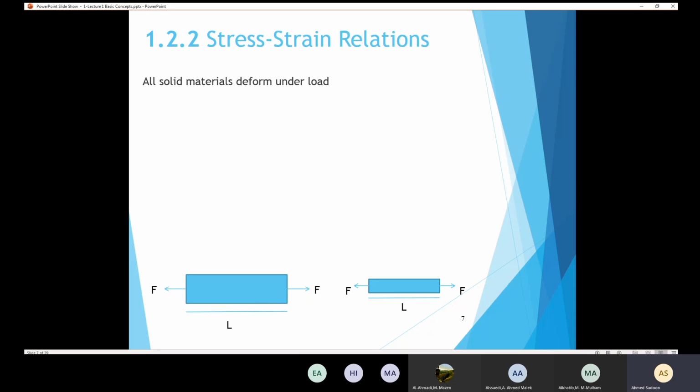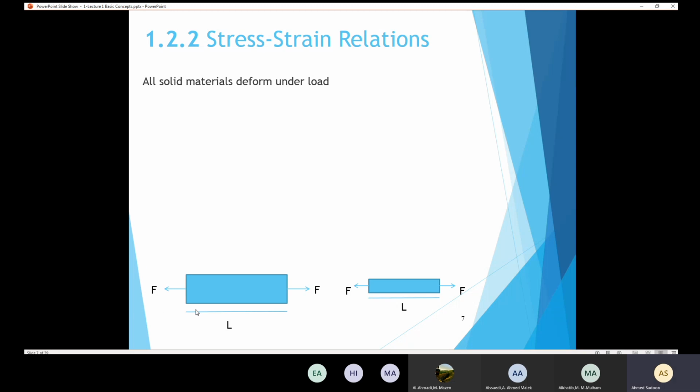And in order to deal with the materials, for example, if I apply here 100 kilonewton, and here I apply also 100 kilonewton, the response here and here is going to be different. For this case here, with a smaller dimension, 100 kilonewton is going to cause more deformation than that case here.